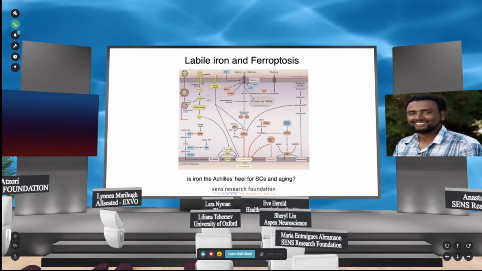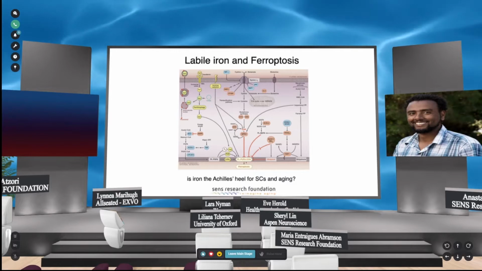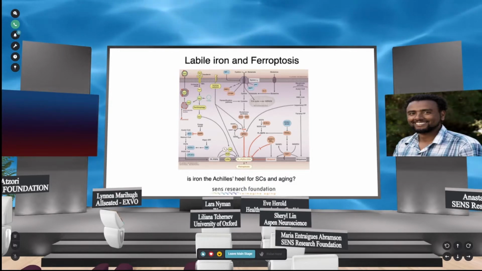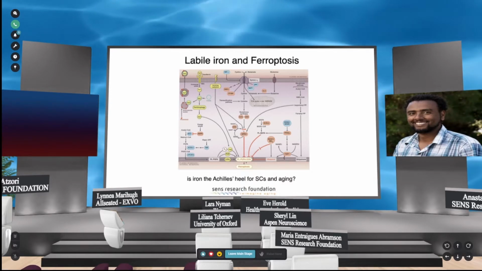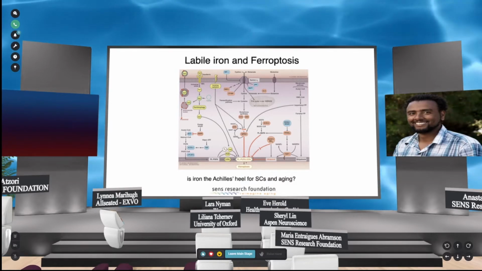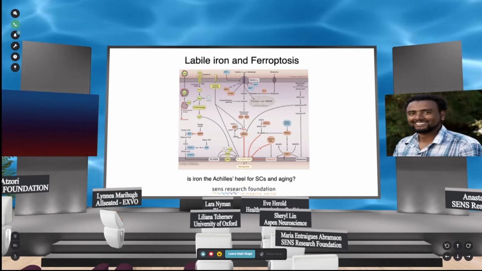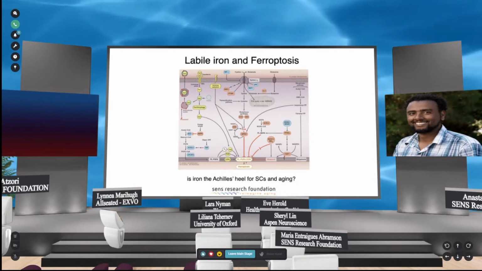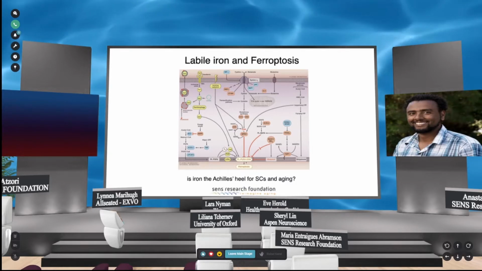One, accumulation of this labile iron. Second, lipid peroxidation, specifically the membrane lipid peroxidation. And third, a compromise in the antioxidant system. So now we know that senescent cells accumulate this labile iron. If they have a high level of labile iron, it will undergo a process called the Fenton reaction, which leads to ROS production, which further activates lipid peroxidation, specifically of the polyunsaturated fatty acids present in the phospholipids of the plasma membrane.